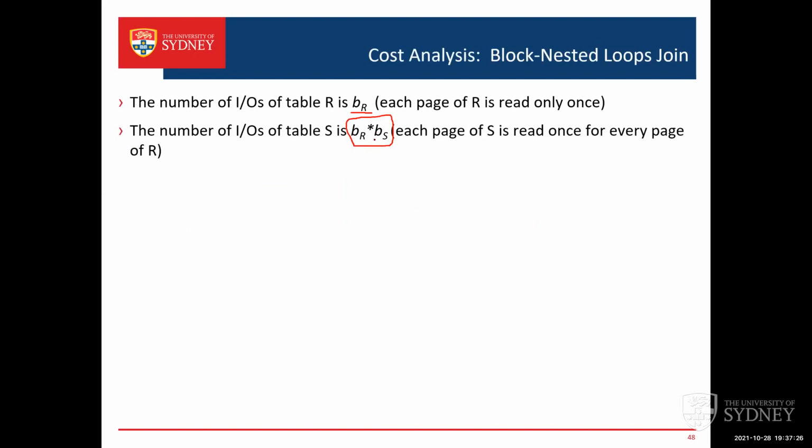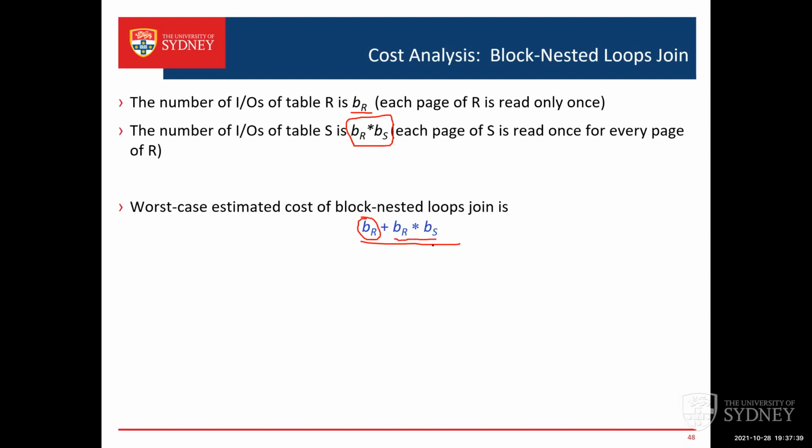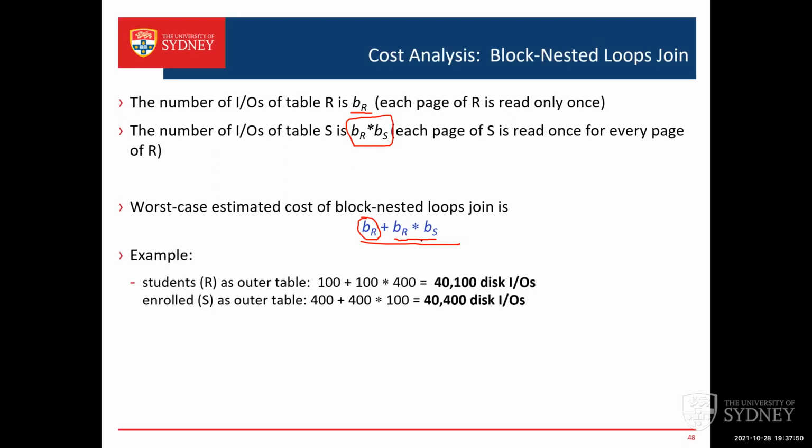Instead of number of tuples, so instead of number of rows, the number of blocks will always be less, right? So this is the estimated cost. We need BR and we need BR into BS. Now you can see in this equation, there is no number of tuples involved. So this one will definitely be lower than the nested loop join we had previously, right?